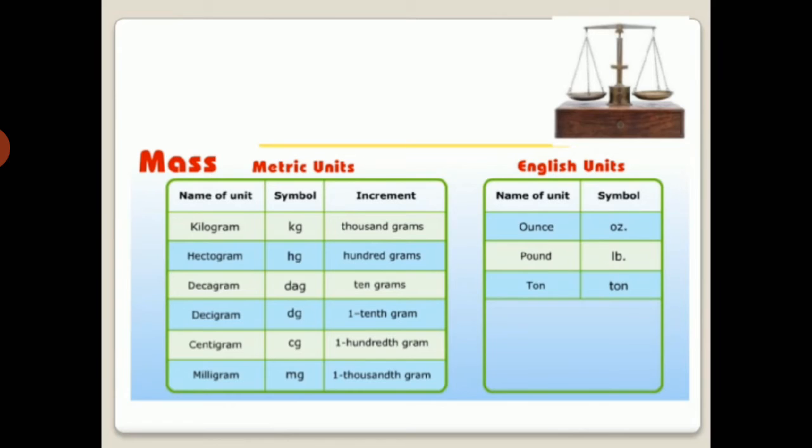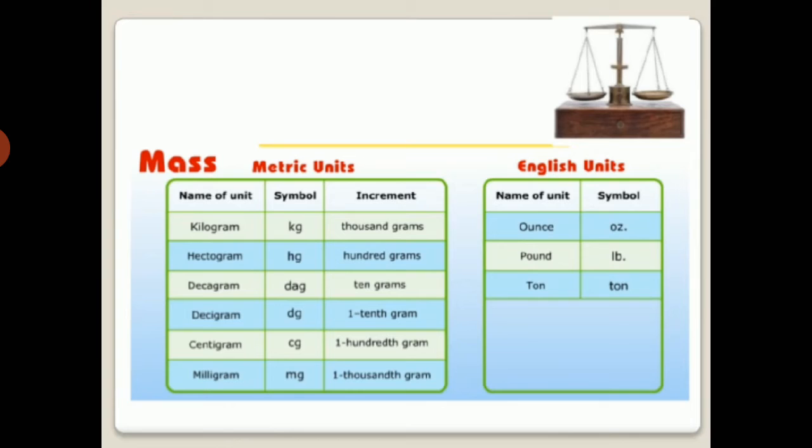Calculation based on density. If we discuss the calculation that is based on density, density is defined as the mass of a substance per unit volume. It has the units of mass over volume. Specific gravity is the ratio of the weight of a substance in air to that of an equal volume of water. It does not have any units.